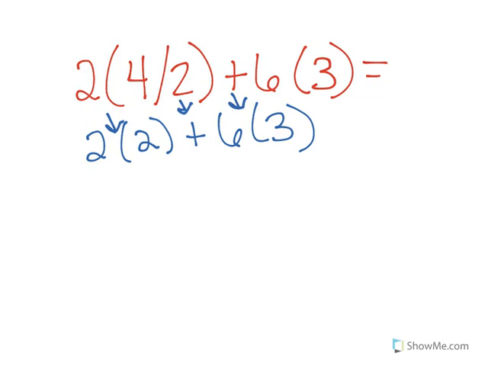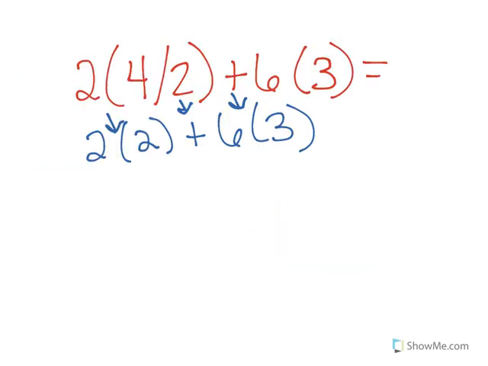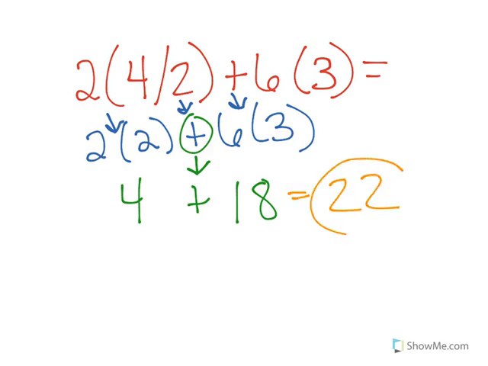Look at my list, make sure I'm doing it in the right order. I'm going to multiply before I add because it's above addition. So I do 2 times 2, 4. I also have another multiplication over here, 18. And then I bring down the operation I have not done. And then 4 plus 18 is 22, which is my answer.